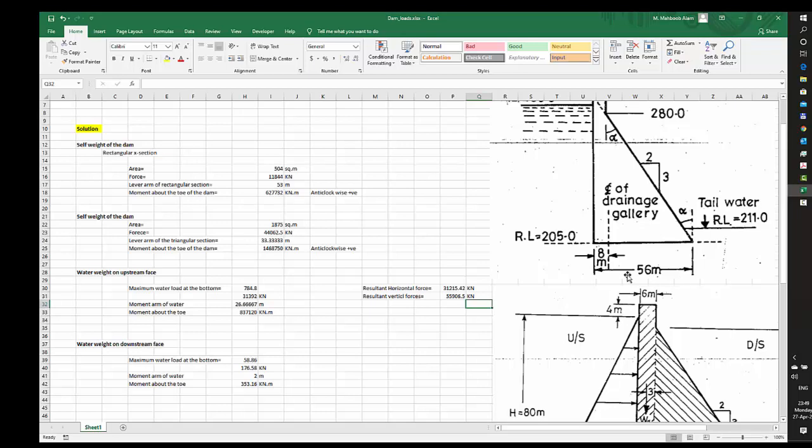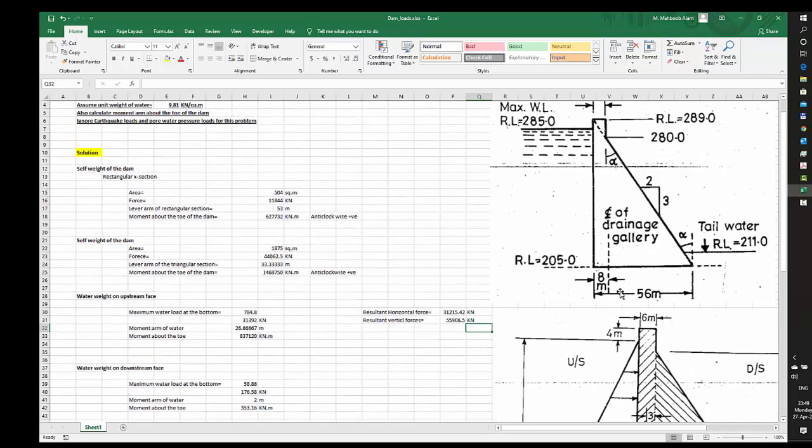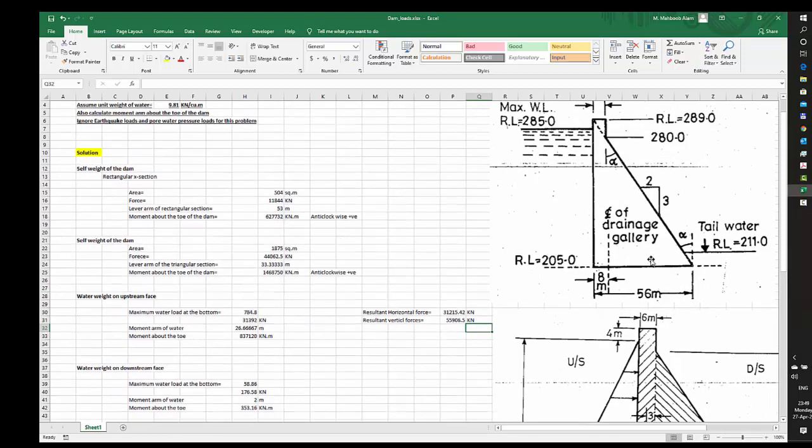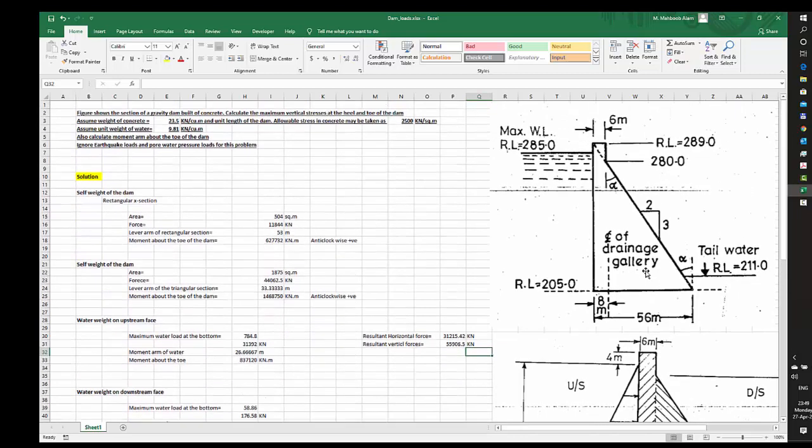You see, we earlier said that we are neglecting the earthquake loads. Earthquake loads are horizontal loads. So if we had calculated earthquake loads, we would have included that in the resultant horizontal force. Another force that we neglected, and which we will be calculating in some other numericals, is the pore water pressure, which is occurring on the bottom of the dam.